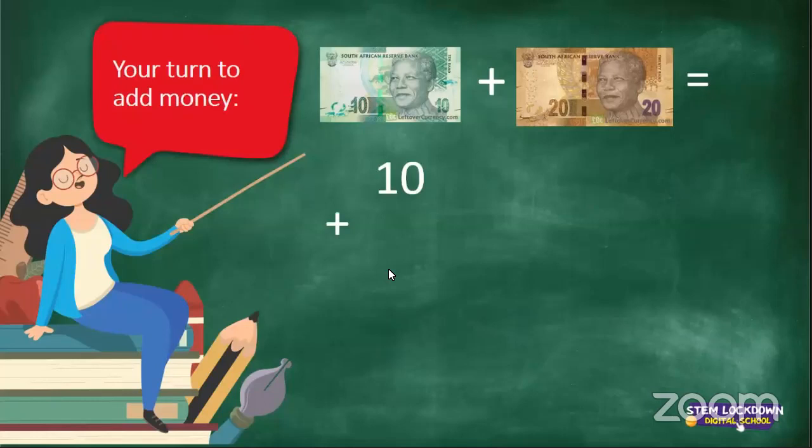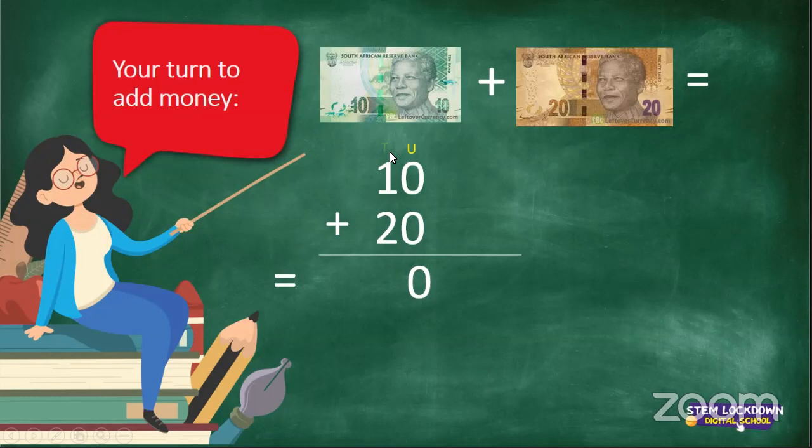Let's do the sum together. Remember, you must add all your units first. 0 plus 0 equals 0.